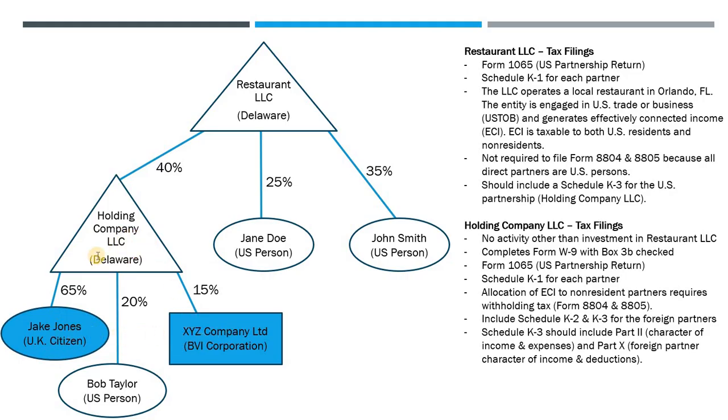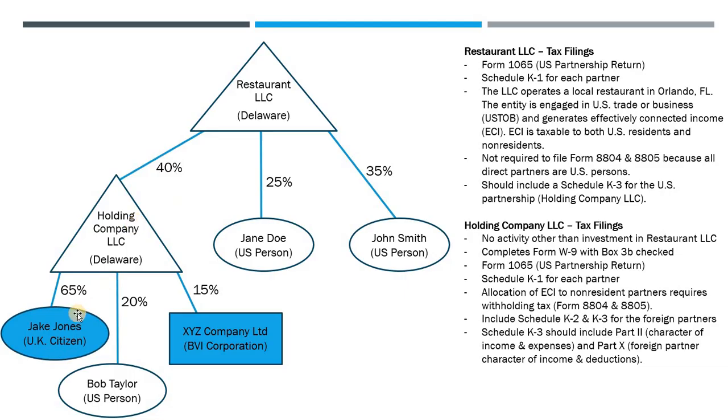So when it prepares the W-9 to give to Restaurant LLC, it is letting them know, hey guys, I have direct foreign partners in my structure. For that reason, when you prepare the 1065 and give me a K-1, I need you to give me a K-3. I need you to give me a K-3 that shows the character and source of the income that's flowing down to my partnership.